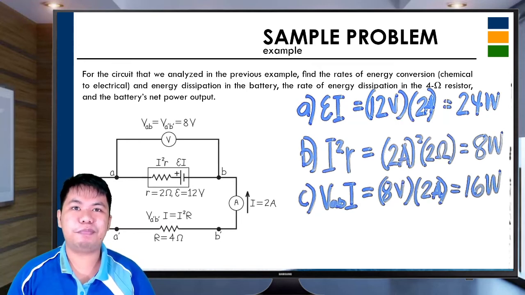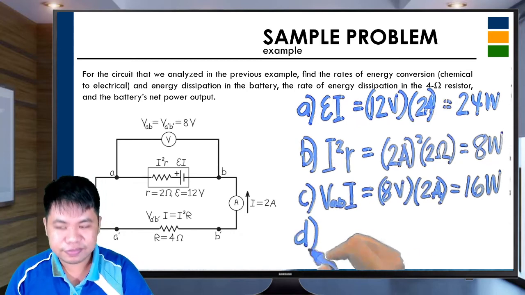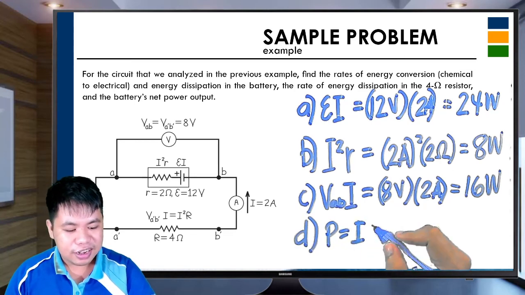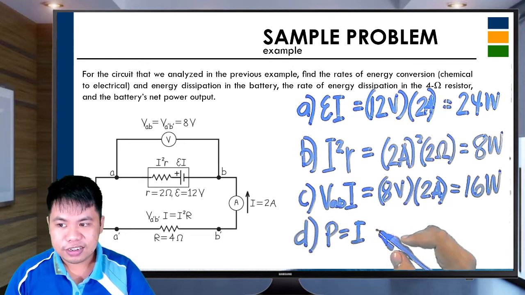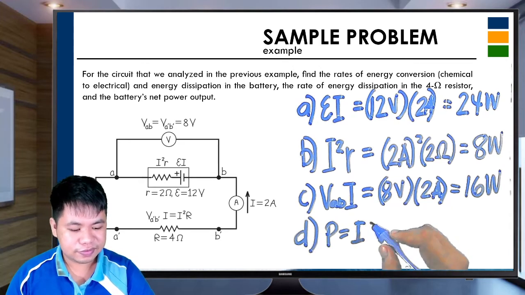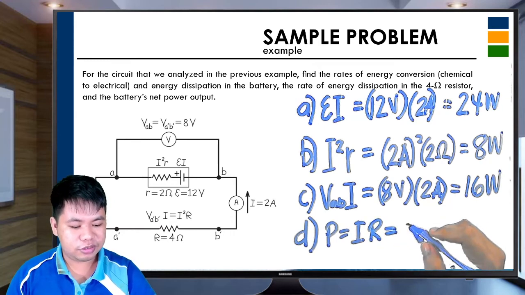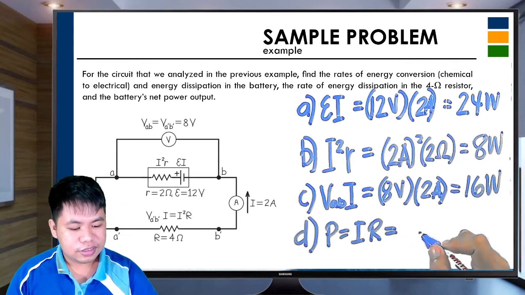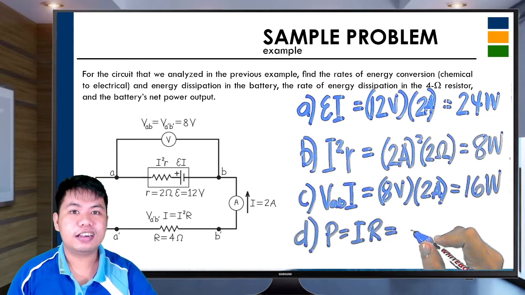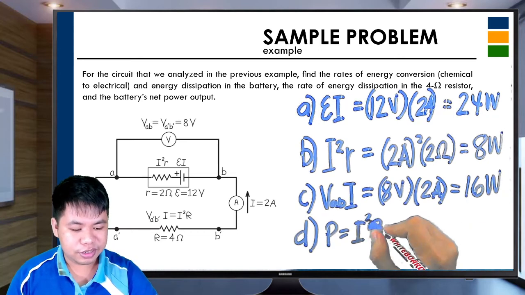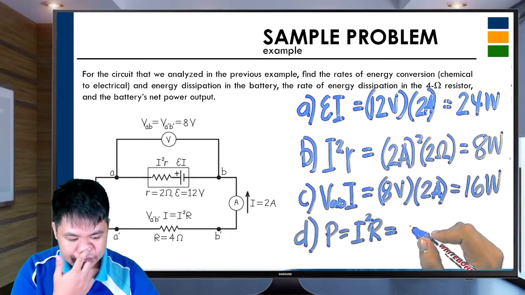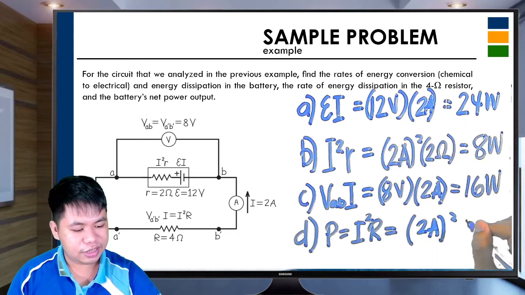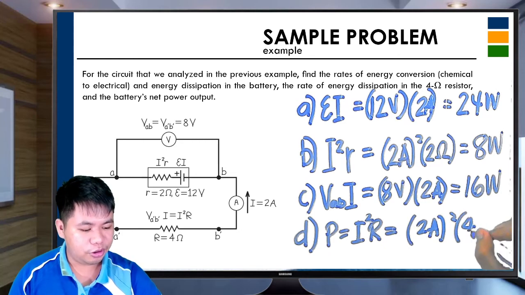Now, the battery's net power output is I squared R, where I is 2 amperes squared times your resistance, which is 4 ohms.